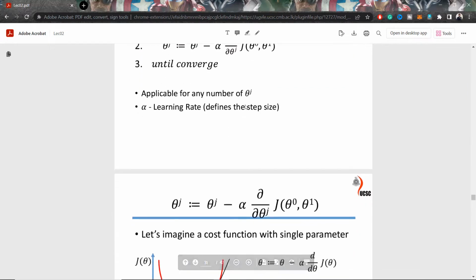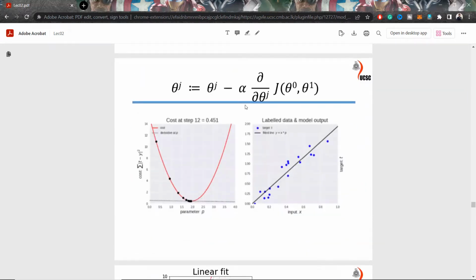We discussed how we are going to update the parameters with some portion of alpha, right? Basically we keep reducing or increasing the parameters and come up to a place where our derivative becomes zero.